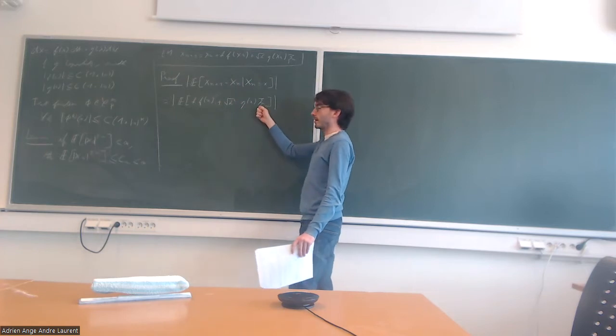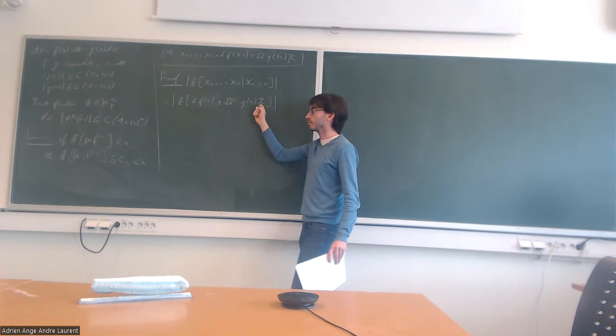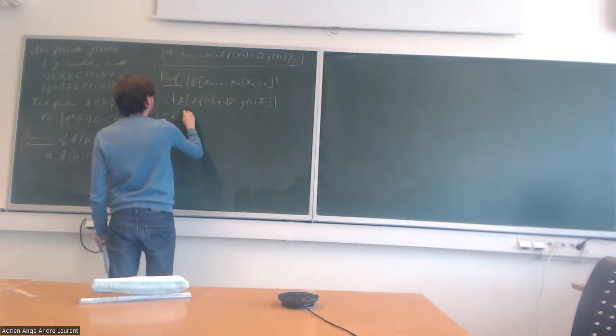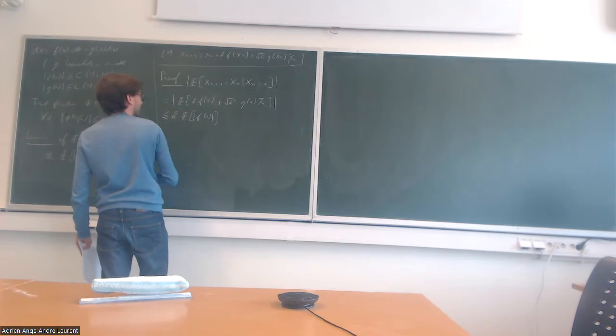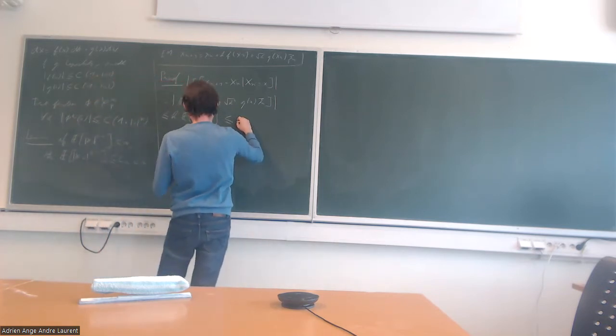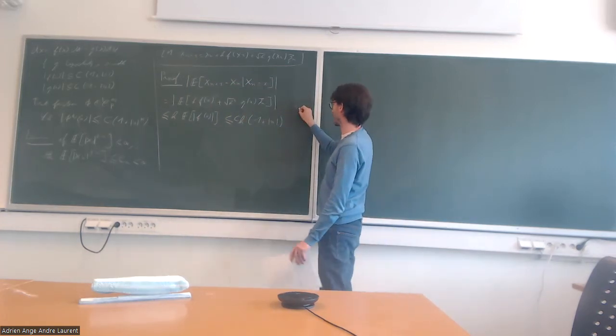But it has average 0. So the expectation of sine n is 0. It's just a Gaussian law. So what you get is h times the expectation of f of x, which is less than h c of x. Okay. That's one.